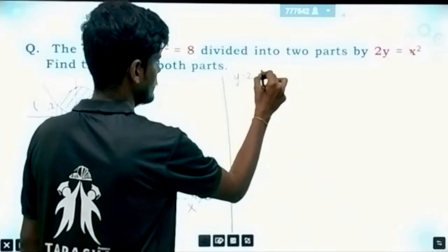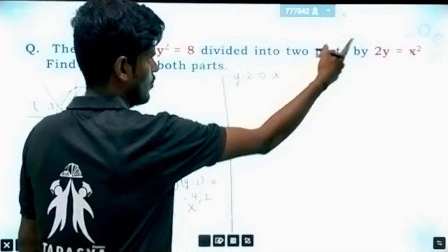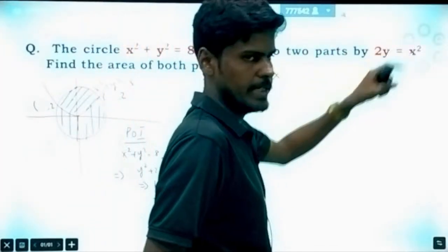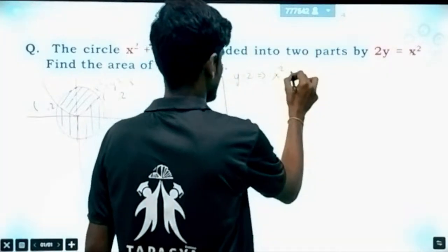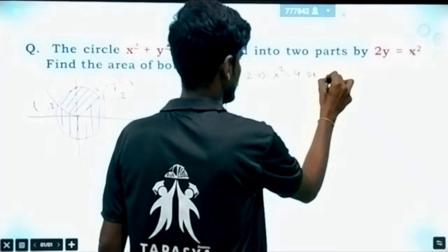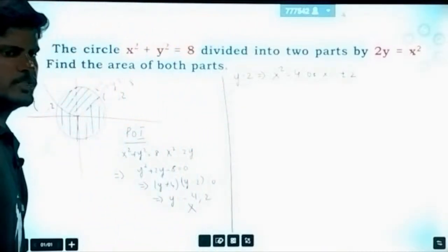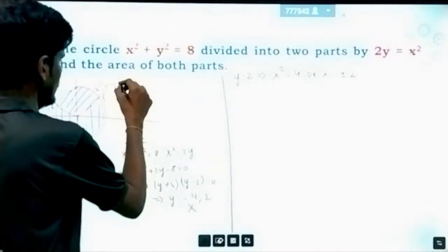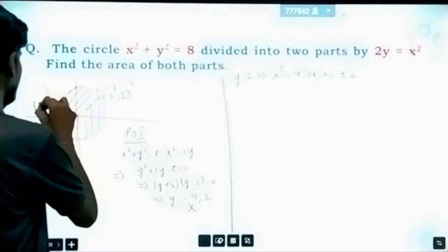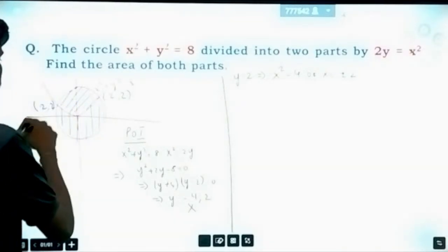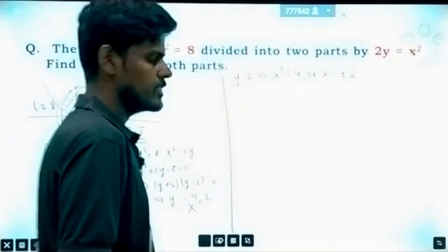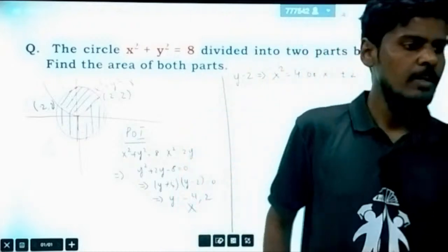Then x square is equal to 4, so x will be equal to plus or minus 2. Here we get 2 and this will be minus 2. So we got the two points, 2 comma 2 and minus 2 comma 2.